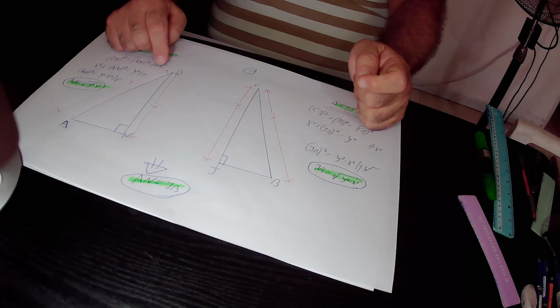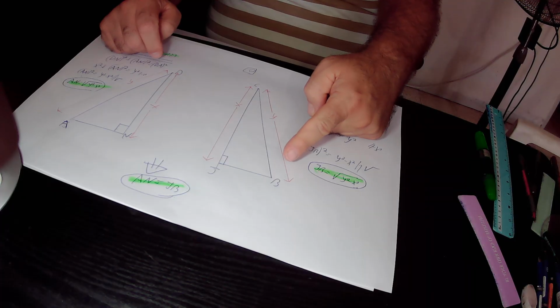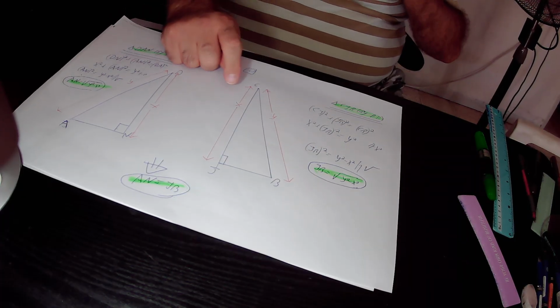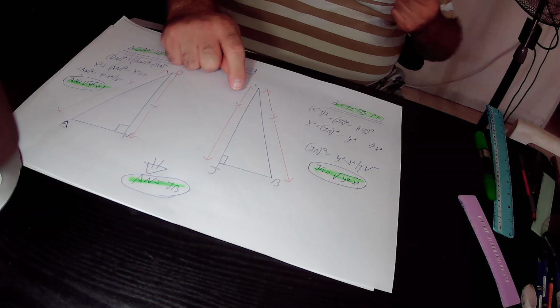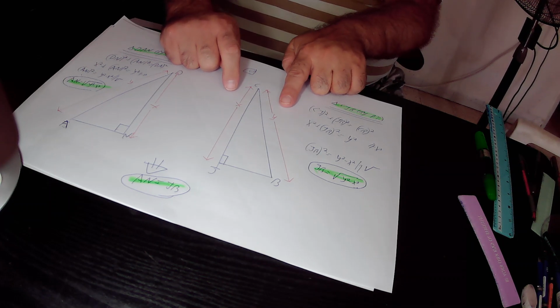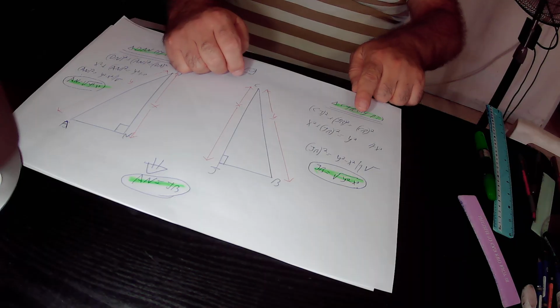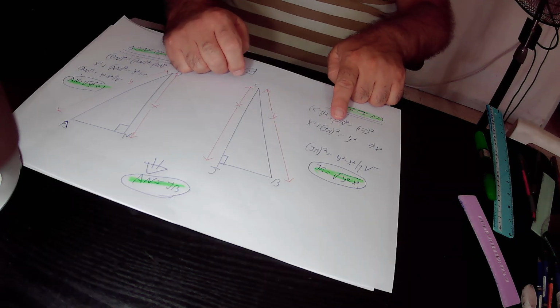And because DA equals y, then CB must also be equal to y. So in this right triangle CJB, according to the Pythagorean theorem, y squared, that is the square of the hypotenuse, equals x squared plus JB squared. Y squared equals x squared plus JB squared.